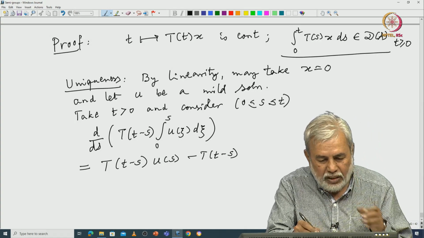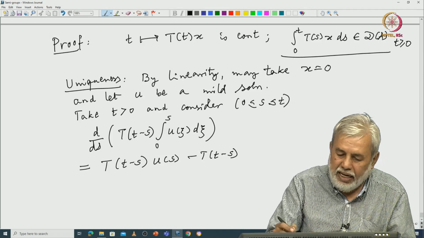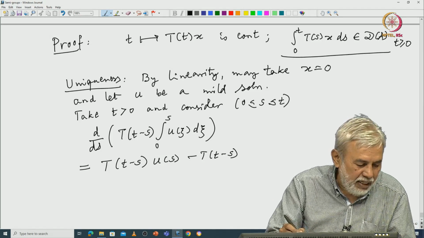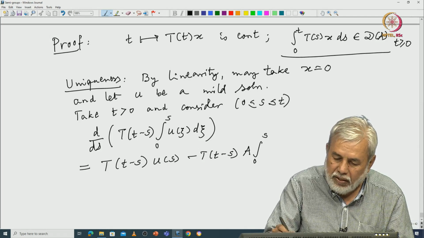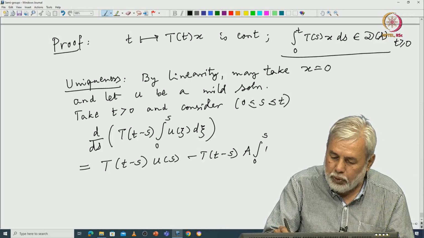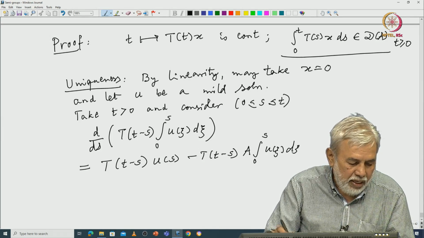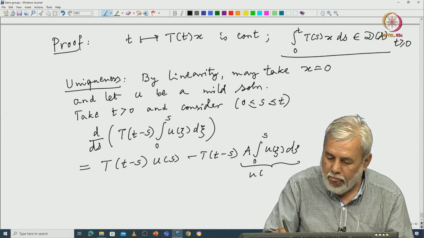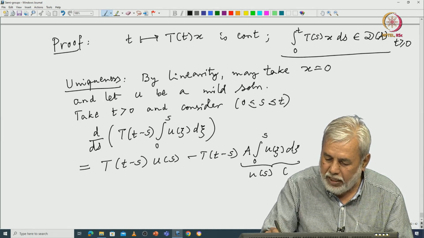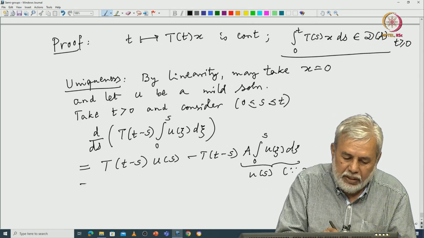So d by ds of this integral from 0 to s of u(j) dj, and this is the same as u(s). Okay, some work. Okay, so here we are assuming x equal to 0, and you get that 0.